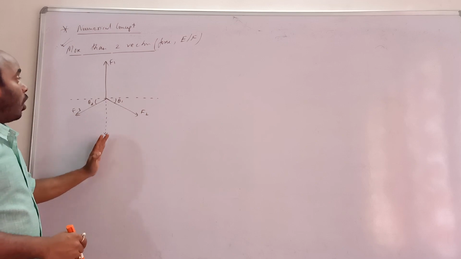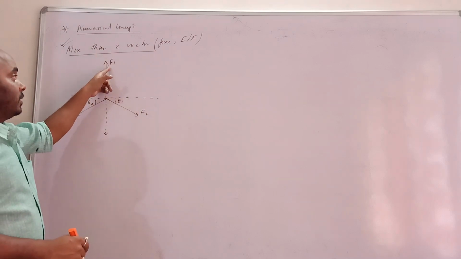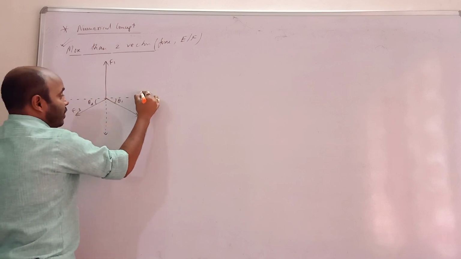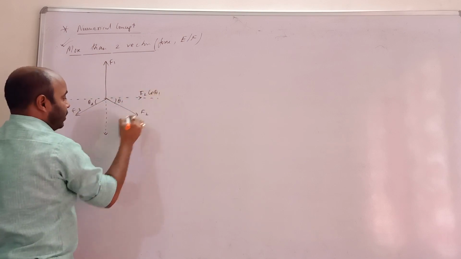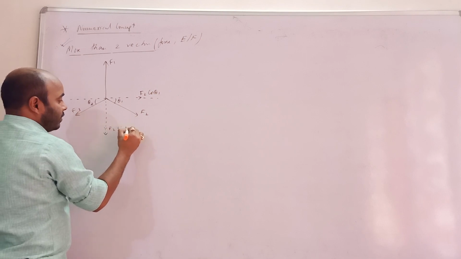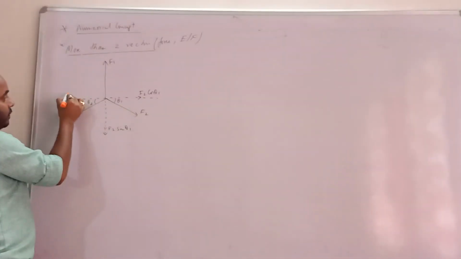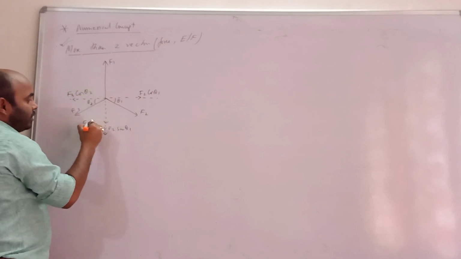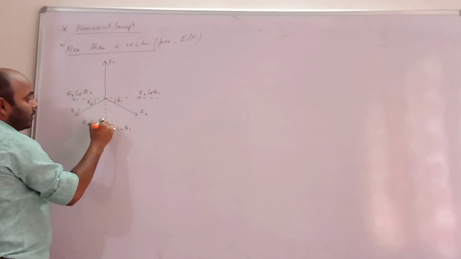The force which is on the axis, you don't have to resolve. So F1 we don't resolve, you have to resolve F2 and F3. If I resolve F2, we get F2 cos theta 1 here, F2 sin theta 1 here. Similarly F3: F3 cos theta 2 here, F3 sin theta 2 here.